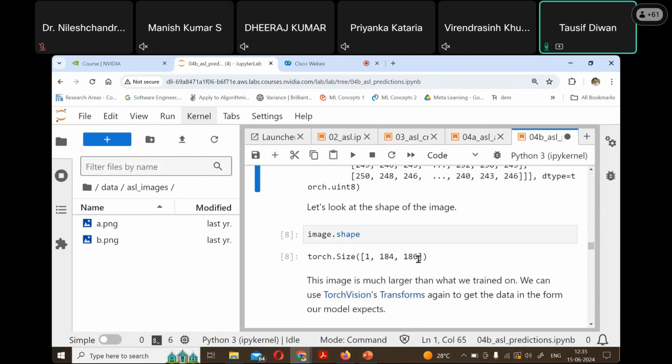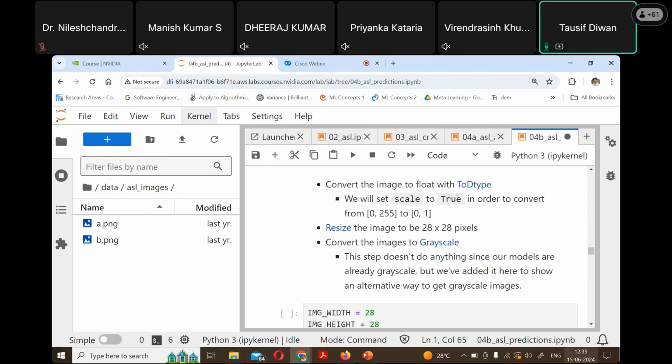This 184 by 186 is also not compatible with our model input. So we will set scale to true in order to convert the previous range of 0 to 255, because our model is expecting the input in the range 0 to 1. Then resize, because our model is expecting 28 by 28 grayscale input.